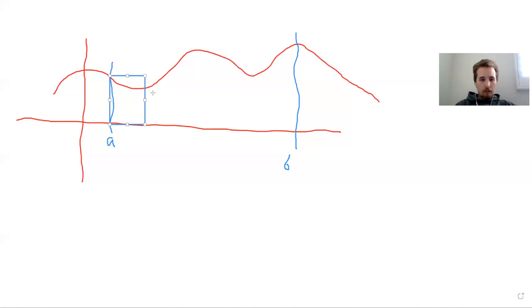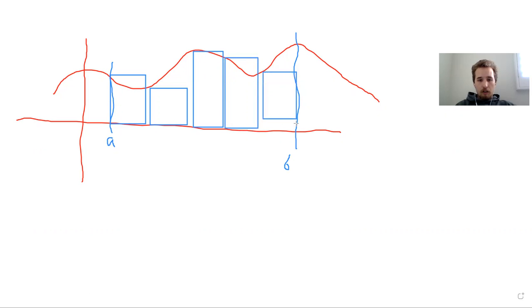And we use these rectangles to approximate the area under the curve. Using these rectangles isn't exact, but you can get some approximation of the area. And this is what Riemann sums is.